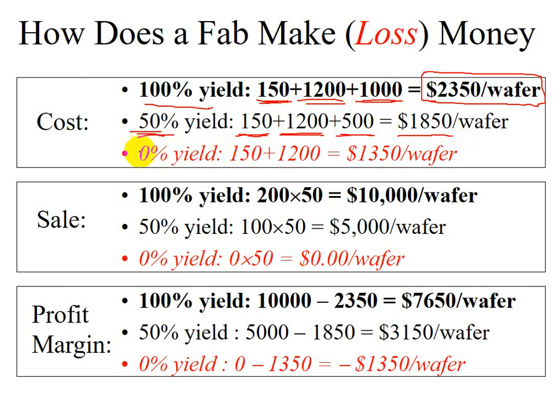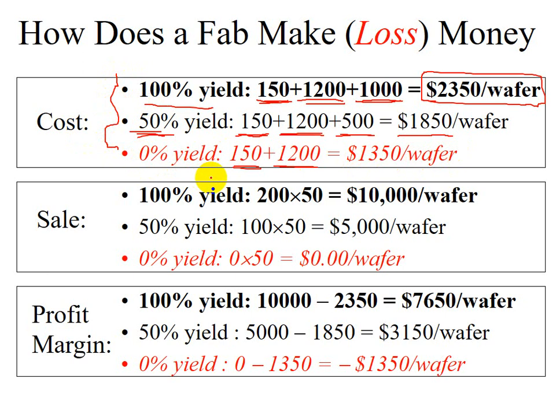If no yield at all, no packaging is required, so the cost will be the wafer and the process fee, $1,200. So that will be $1,350 per wafer. That is the cost for 100% yield, 50% yield, and 0% yield.